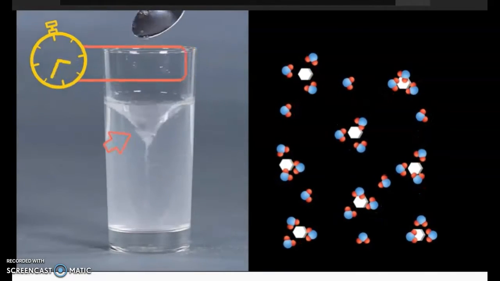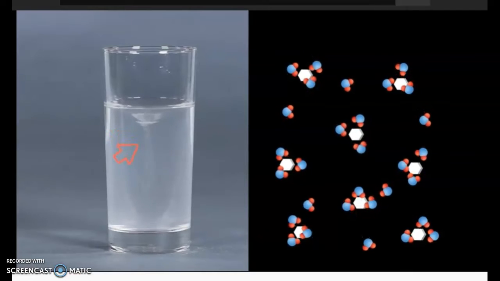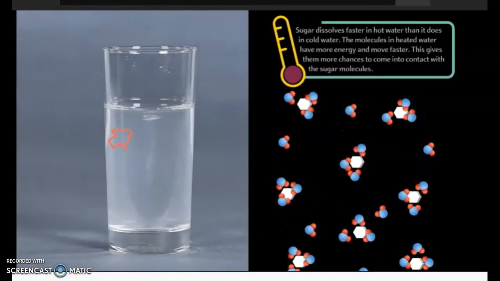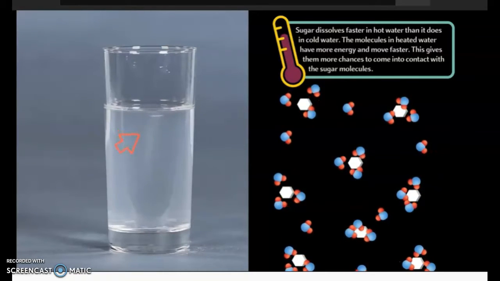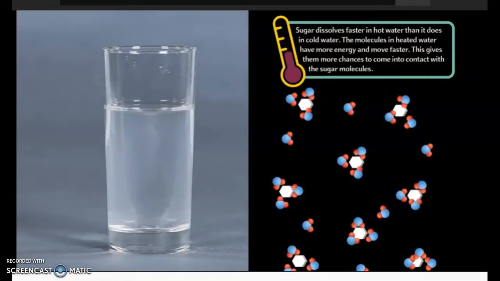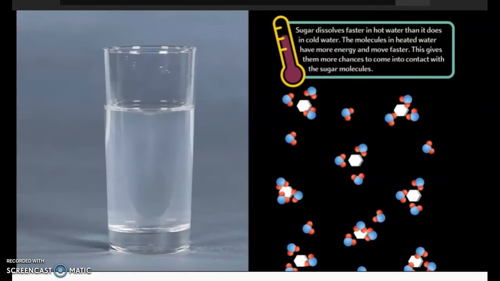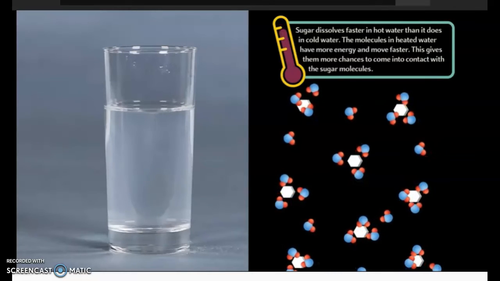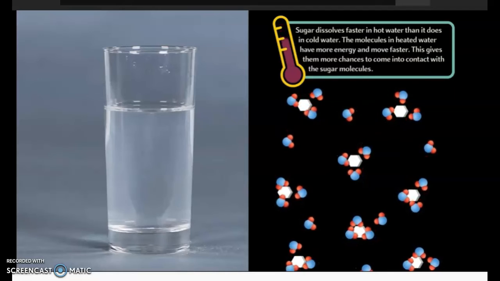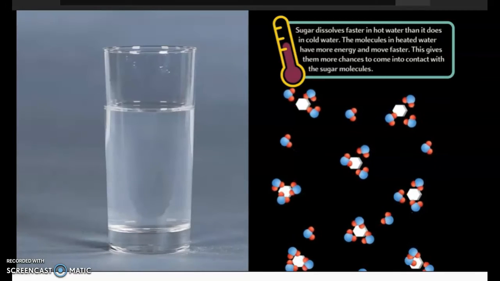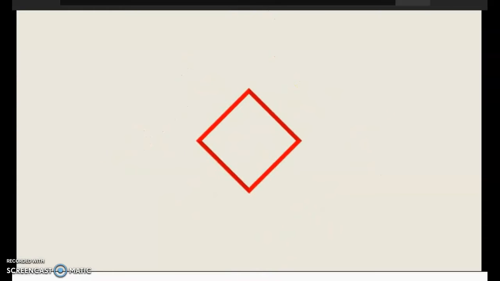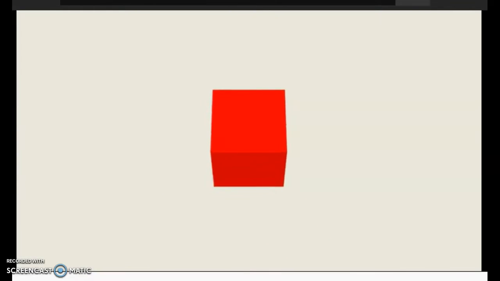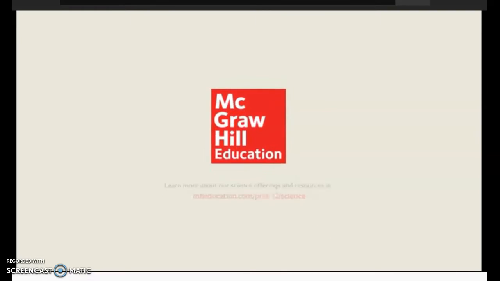The positively charged hydrogen molecules are grabbing a hold of the sugar molecules until they completely surround the sugar molecules. And when they do that, then the sugar is completely dissolved. So that's a hydrophilic molecule.